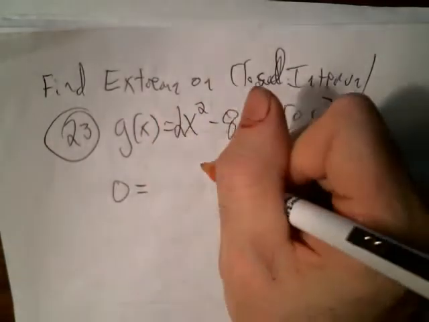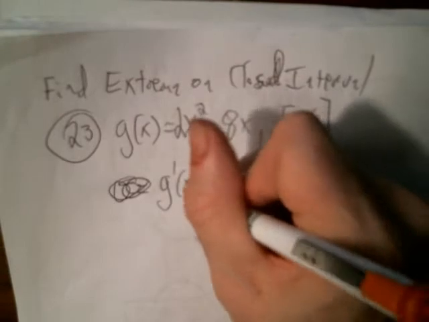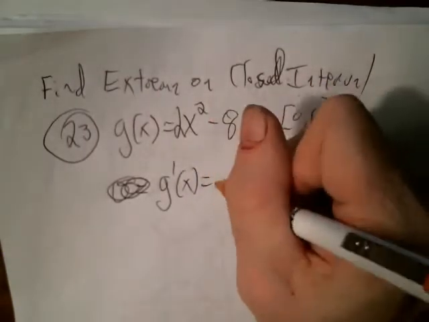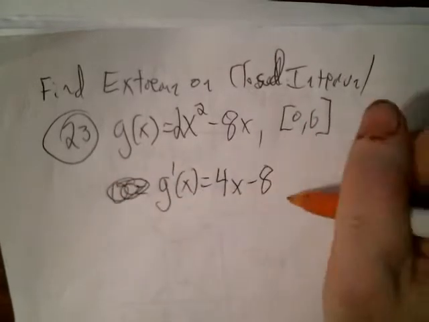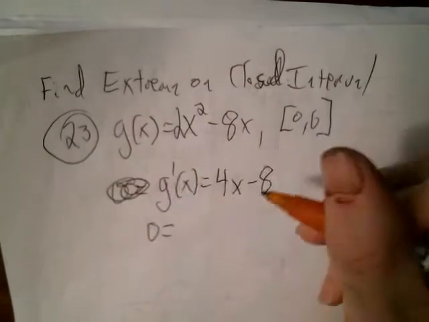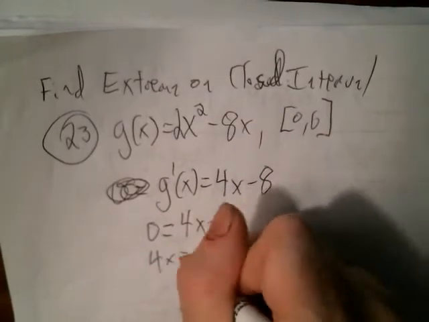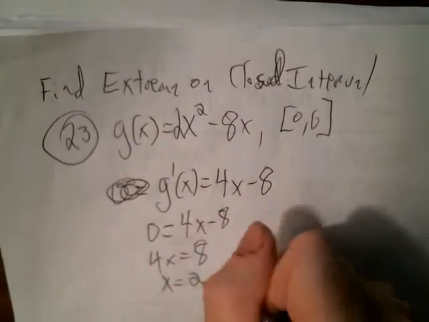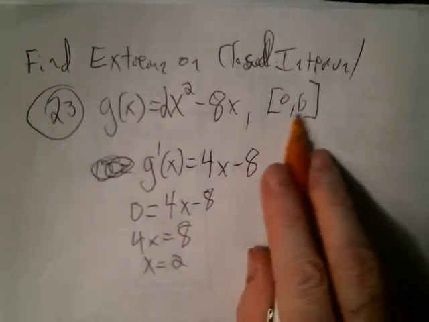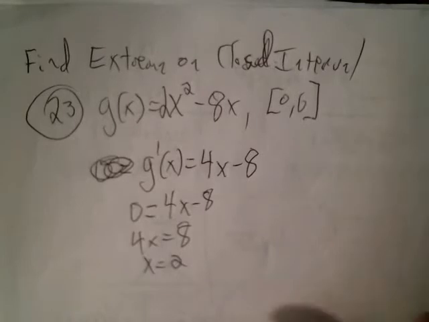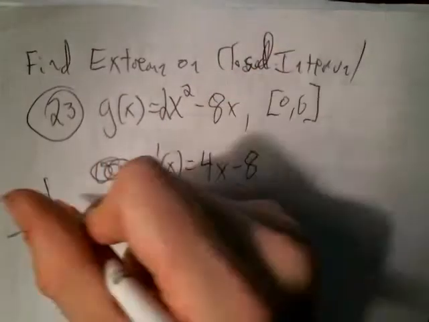So the places where the derivative is equal to 0 or the derivative is undefined. Okay, here we have 4x minus 8. It's defined everywhere. We just have to figure out where it's equal to 0. Okay, so we got one critical number. And we also have to check the endpoints.